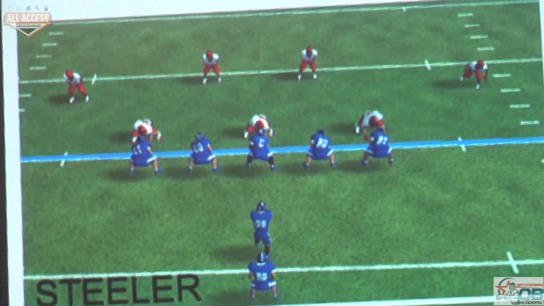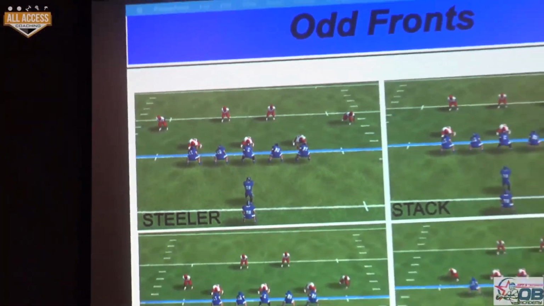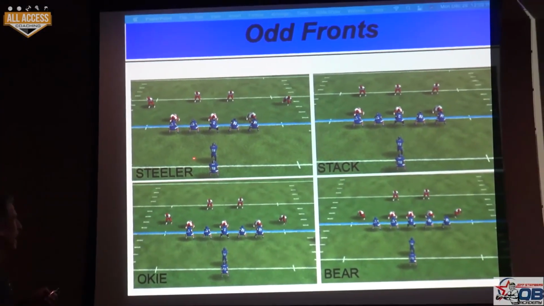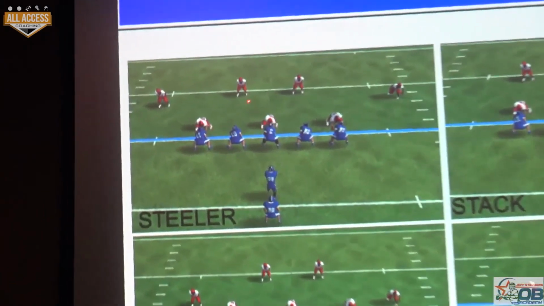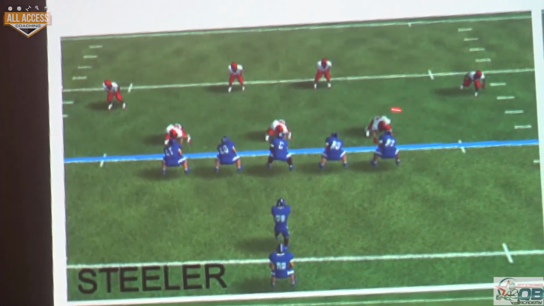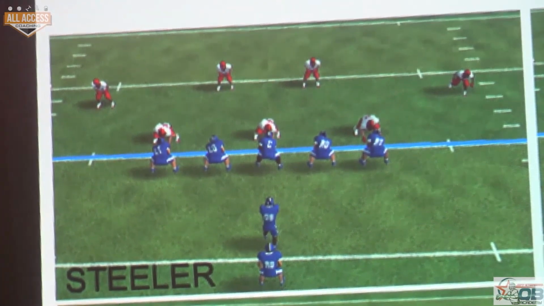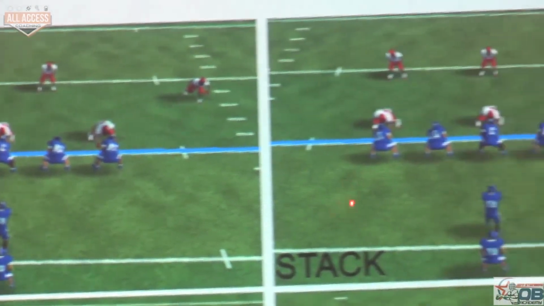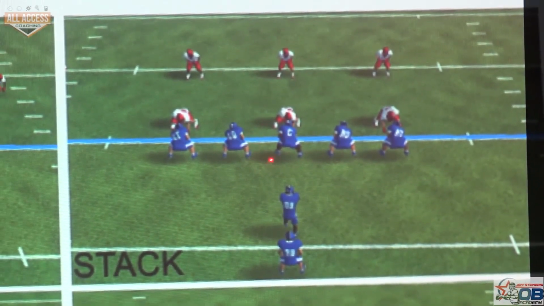In this diagram here are the various fronts that we'll see that are considered odd cores. So on the top left, this is what we would call a stealer front. A stealer front has an odd core and 2 inside linebackers. The outside linebackers tend to be overhang players. On the top right, we call this an odd stack. In an odd stack, it's the 3-3 stack to us.